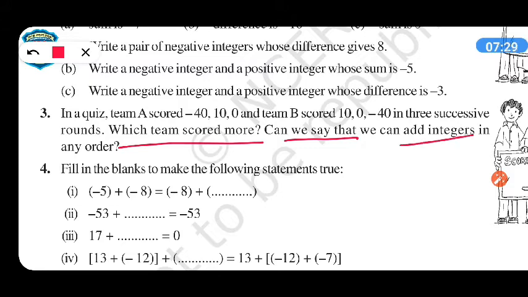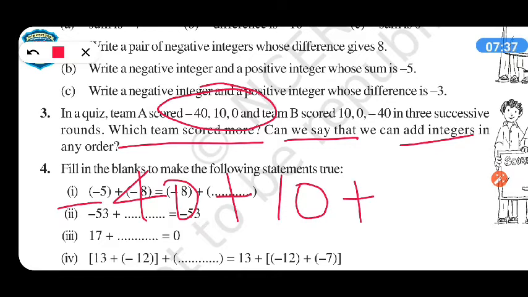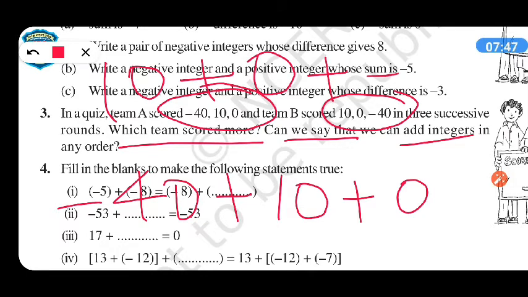In any order? Yes. If we add minus 40 plus 10 plus 0, then we get minus 30. Or if we add 10, then 0, then minus 40, then what will you get? Again the sum is minus 30. So we can add in any order, right?